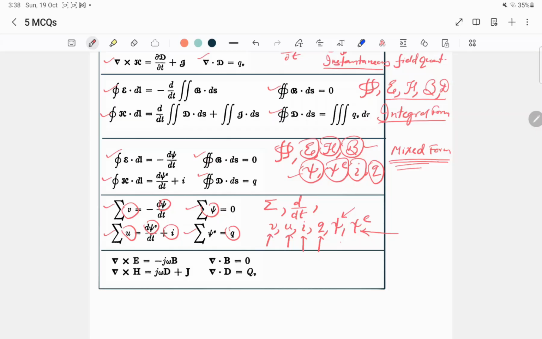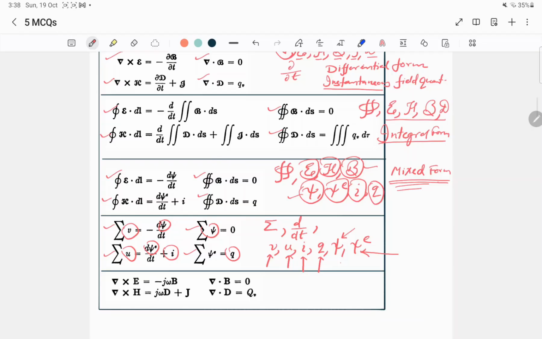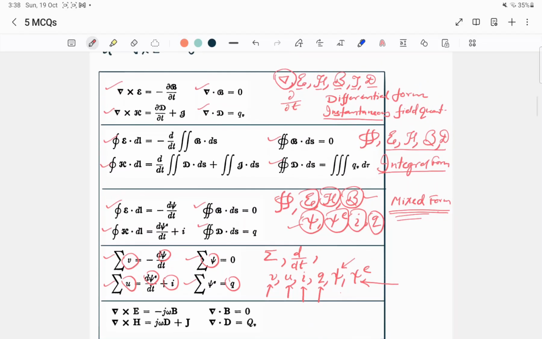If you see carefully, in the integral form also, the partial derivative del by del t has been changed to the normal derivative d by dt. So this is also one thing that you should write here, that it contains normal derivative d by dt. It's not a partial derivative. Whenever it's a partial derivative, it's in differential form.